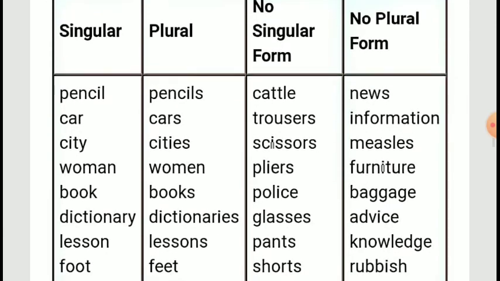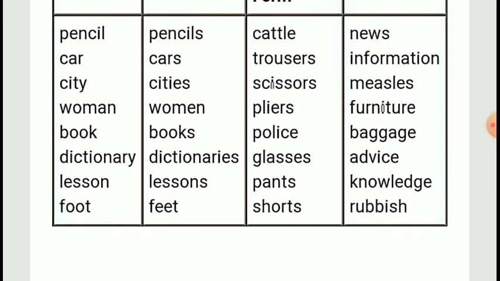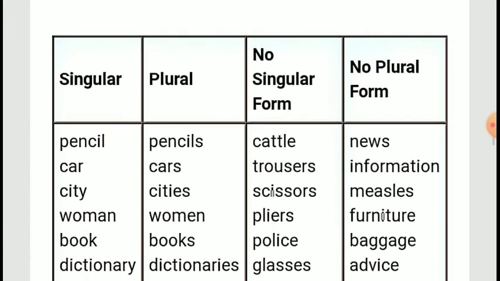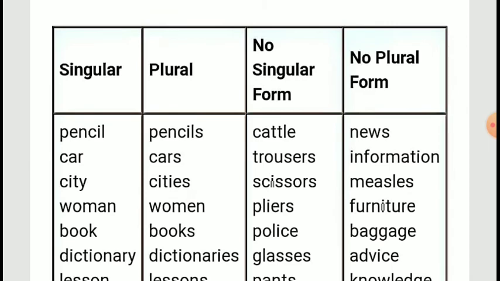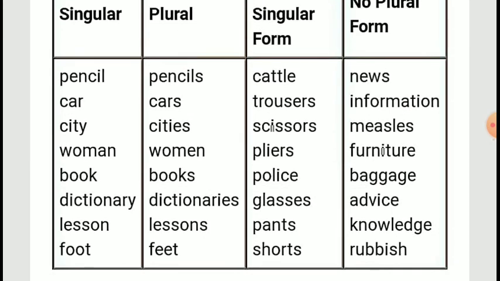The examples are cattle, trousers, scissors, pliers, pulleys, glasses, pants, shorts. These nouns do not have any singular form. Now, there are some nouns which do not have any plural form. Example, news, information, measles, furniture, baggage, advice, knowledge, rubbish. These nouns do not have any plural form.